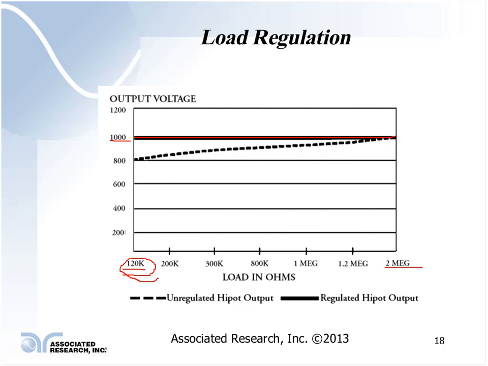But you had to test the regulation of the Hipot tester. If it sagged, then you could increase your test potential to a value higher than your 1,000 volts, just to make sure that whenever I got to my trip setting, I was not below the 1,000 volt level.